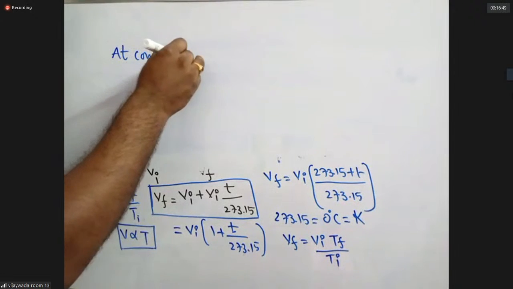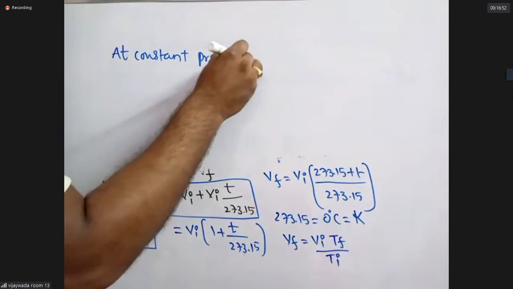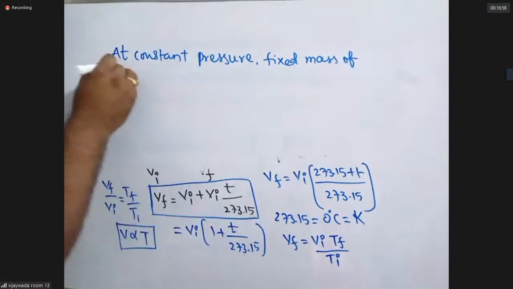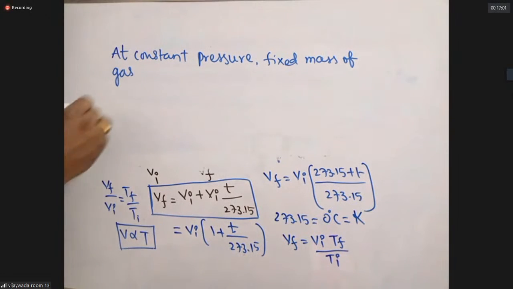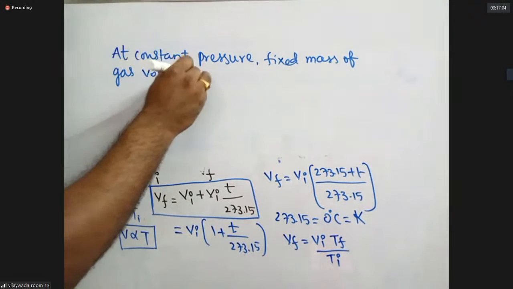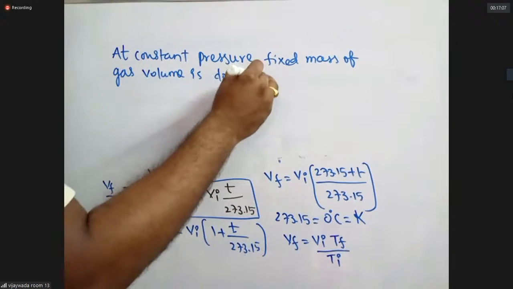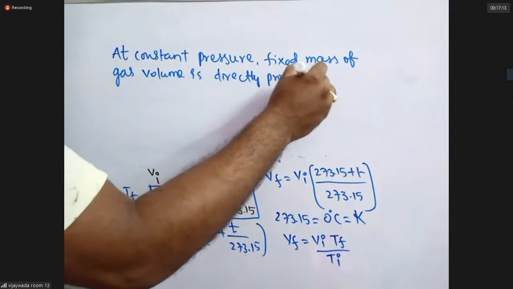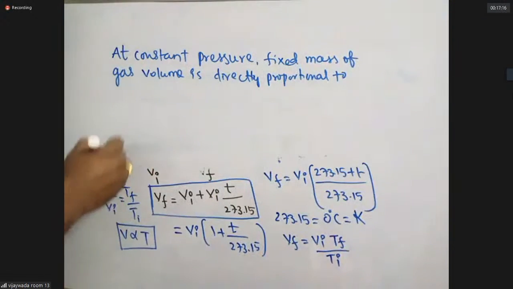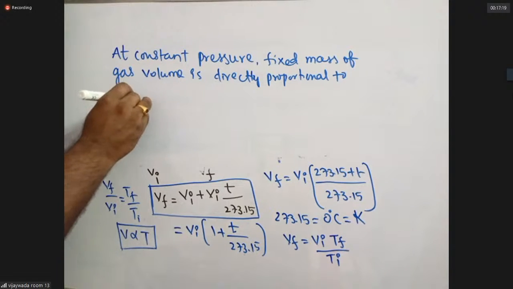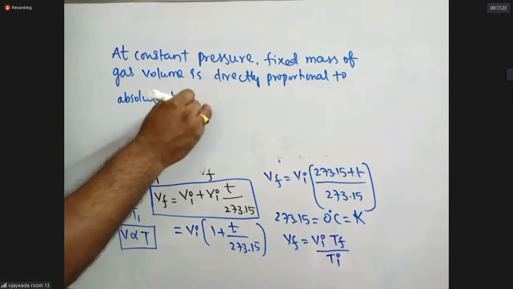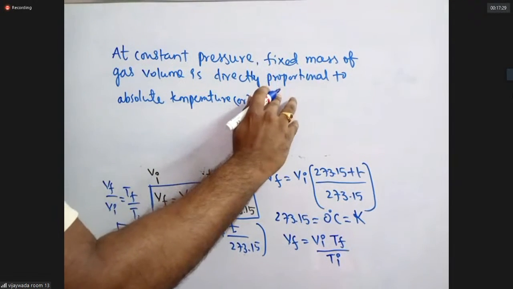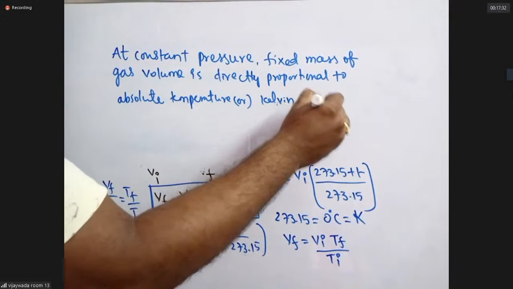At constant pressure, for a fixed mass of gas, volume is directly proportional to absolute temperature, or Kelvin temperature.